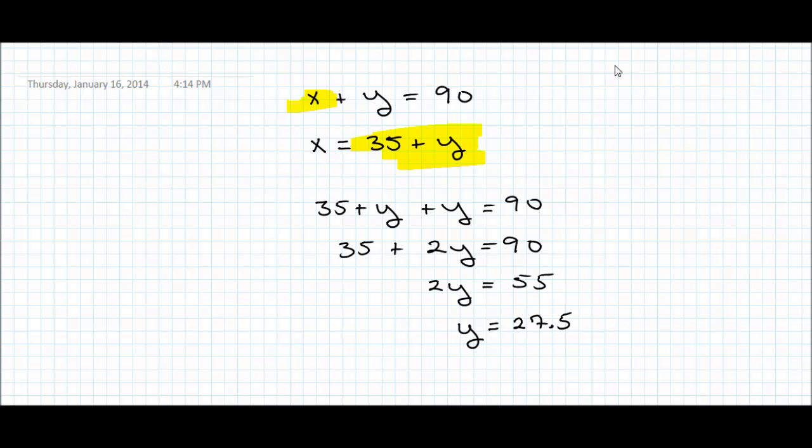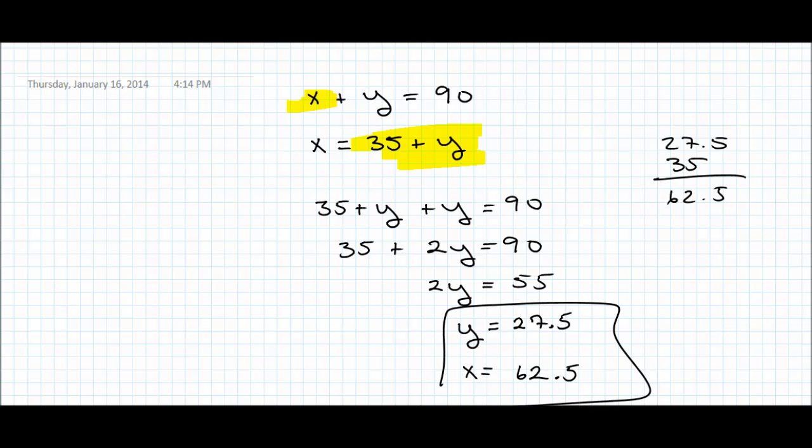Okay, if X plus Y equals 90, and X equals 35 plus Y, so 27.5 plus 35 is 62.5. So angle Y is 27.5 and angle X is 62.5.